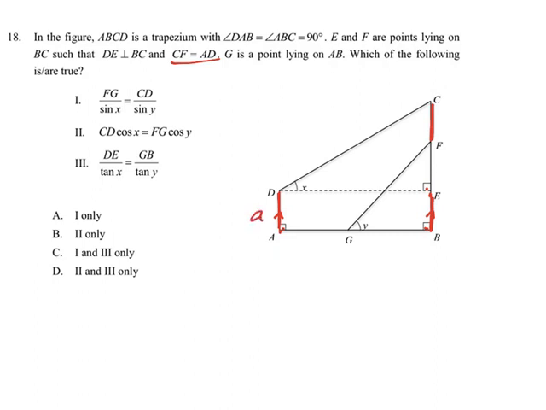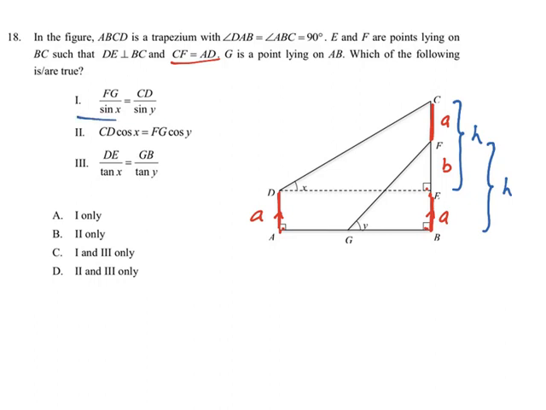For example, this one becomes a and this one becomes b. Then we consider this length. This length is a plus b, so we call it h. At the same time, this one is also a plus b, we also call it h. Next, we'll see one by one.